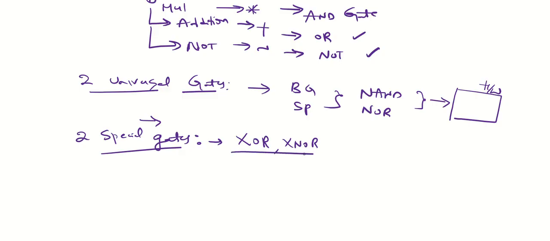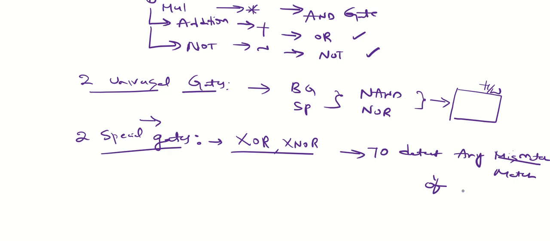These 2 gates will help you detect any mismatch or match of 2 inputs. These XOR and XNOR gates are used in communication itself. I'll discuss them one by one.